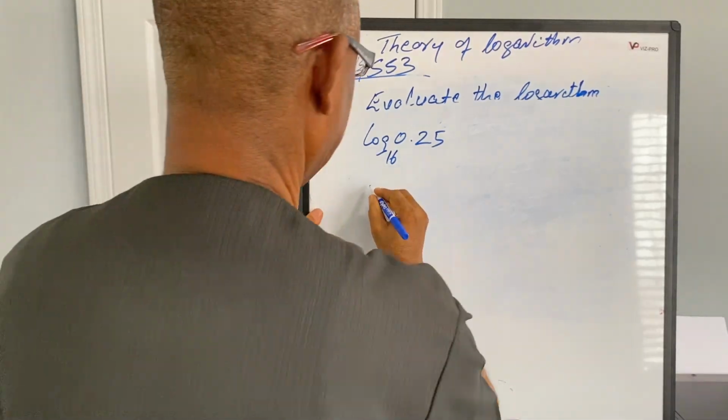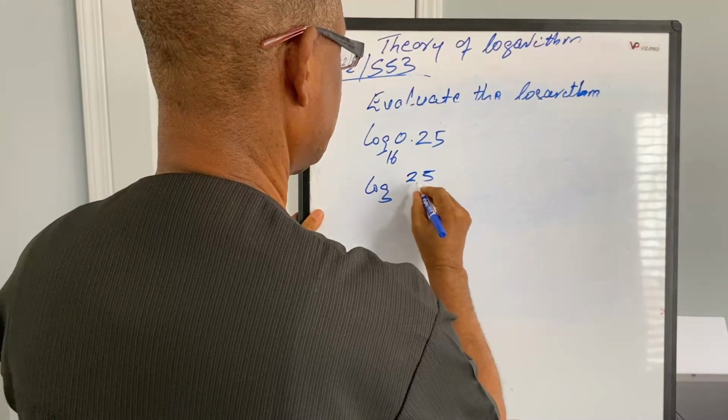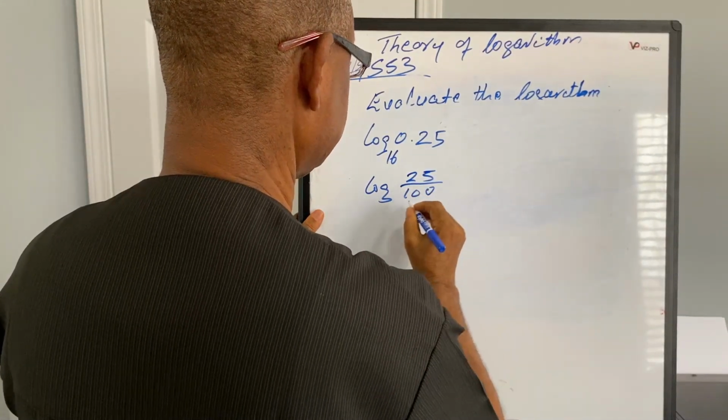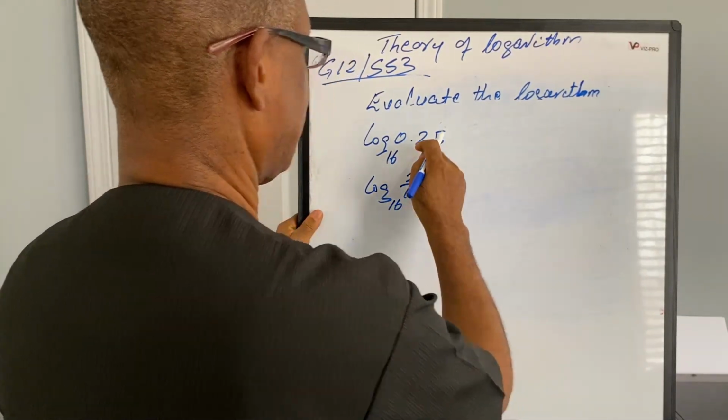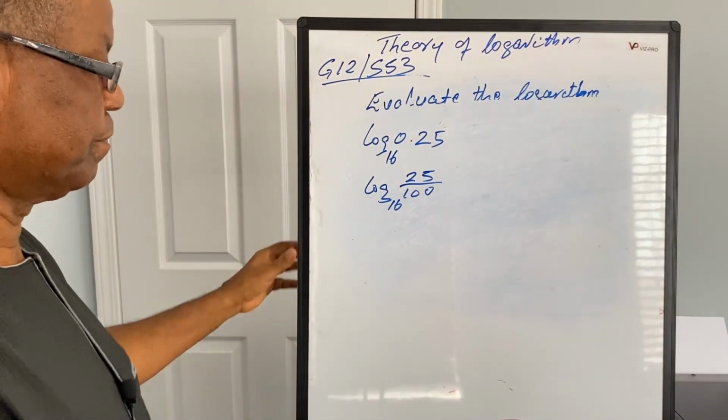So we have log 25 over 100 base 16. I've converted the decimal fraction into an ordinary fraction.